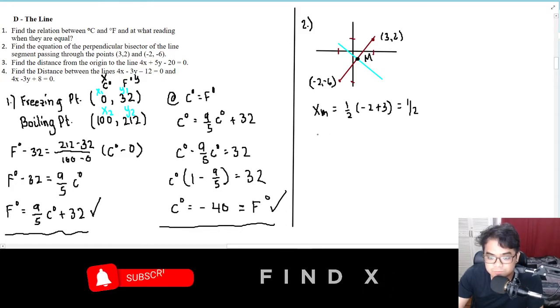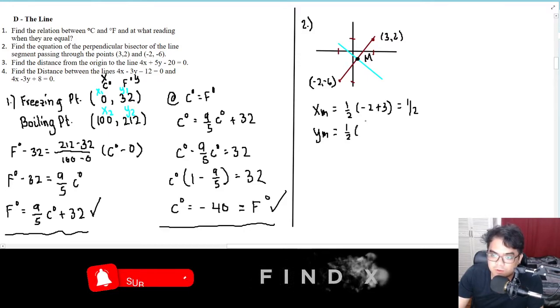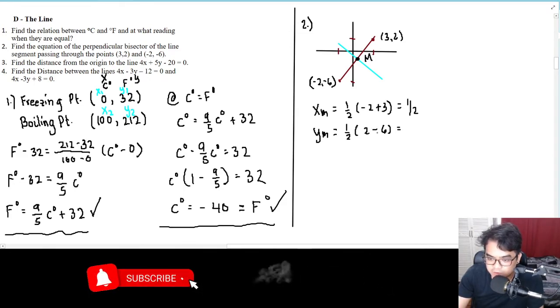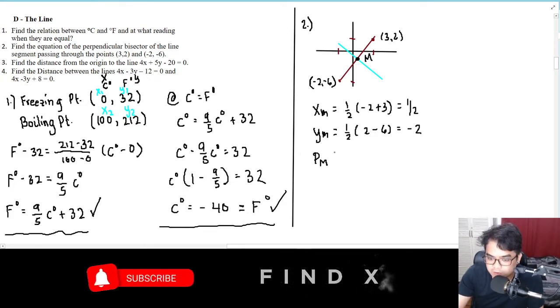And then ym is equal to 1/2 again of 2 minus 6, right? So this is negative 4 over 2, so this is negative 2. Therefore, the midpoint is (1/2, negative 2).